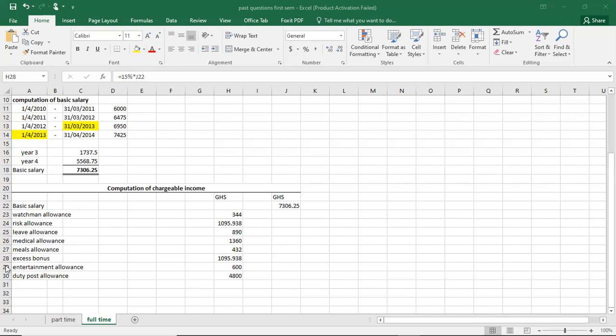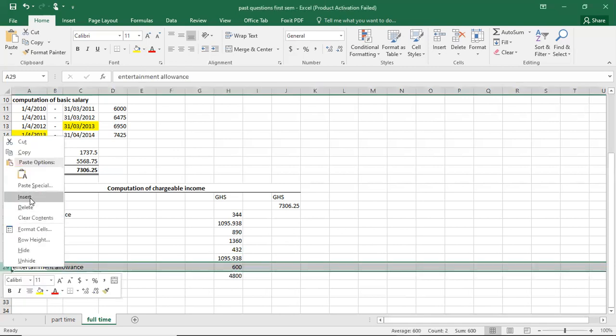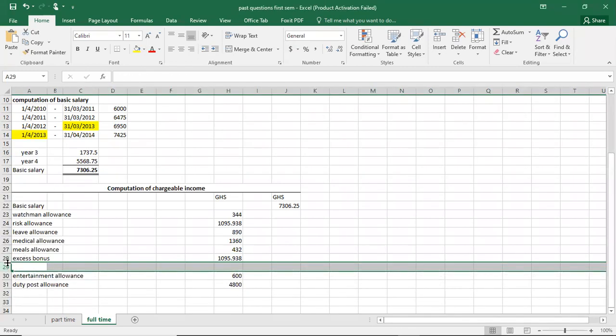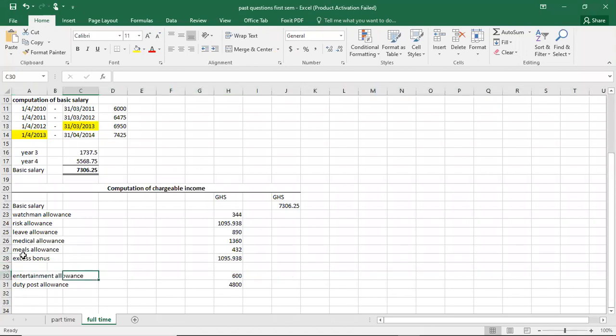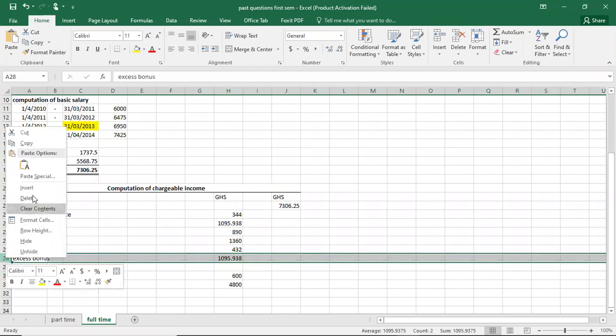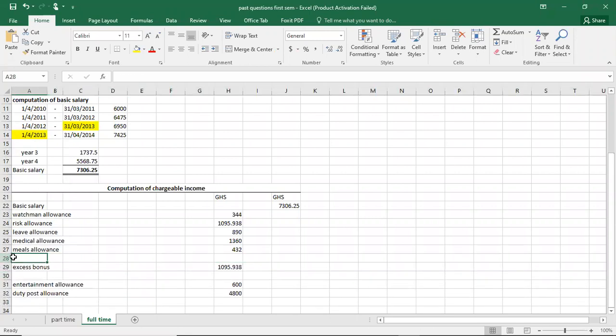So you have maid servants over here, so you put it here. Normally you do it in order so that you will not miss some. So maid servants are on the wages of 380, so you put it there.